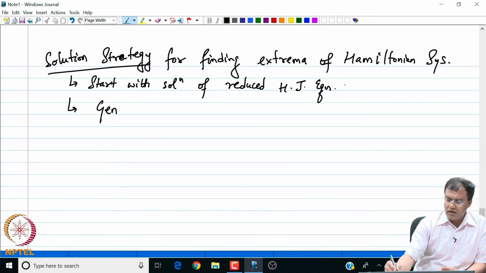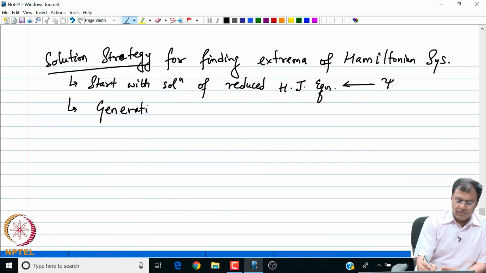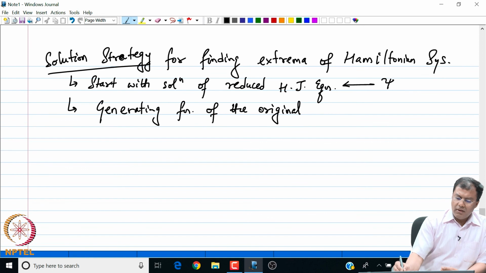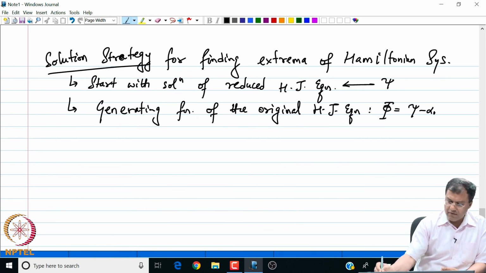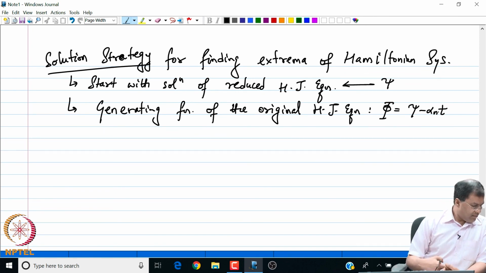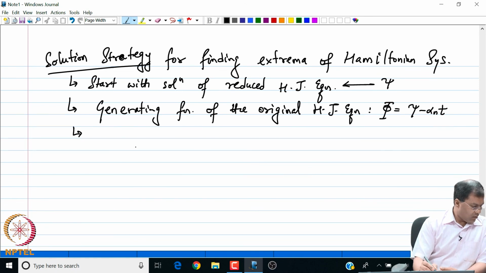Once we have the solution to the reduced Hamilton-Jacobi, which is psi, the generating function of the original Hamilton-Jacobi equation is phi, which is psi minus alpha n t, right. And finally, once we have the original generating function, we can derive the extremals from our relations as follows.